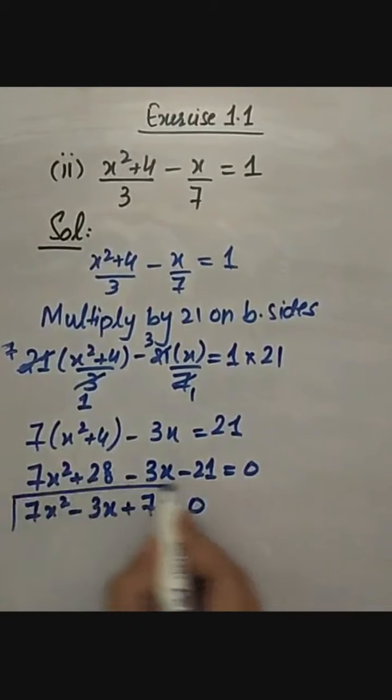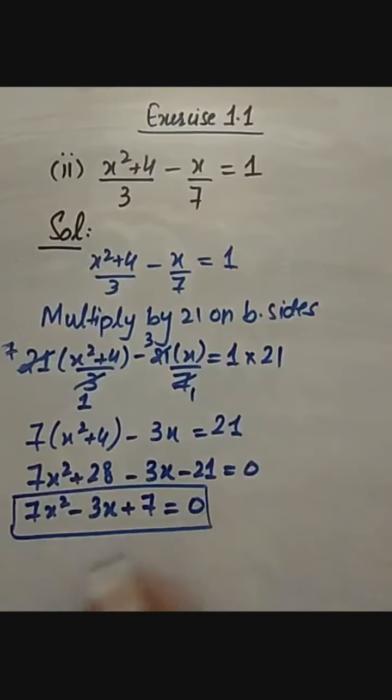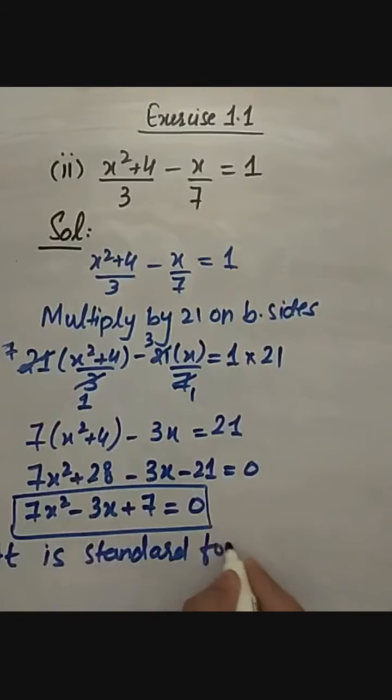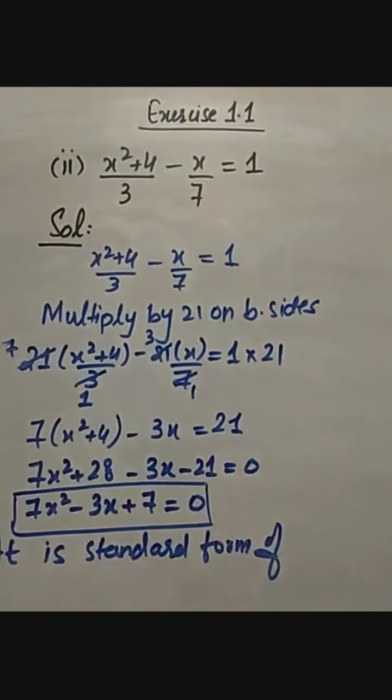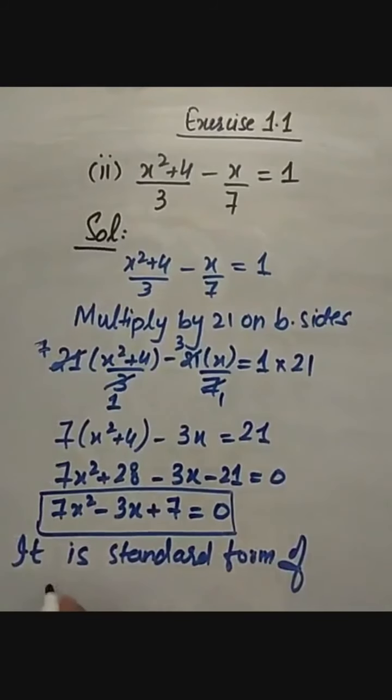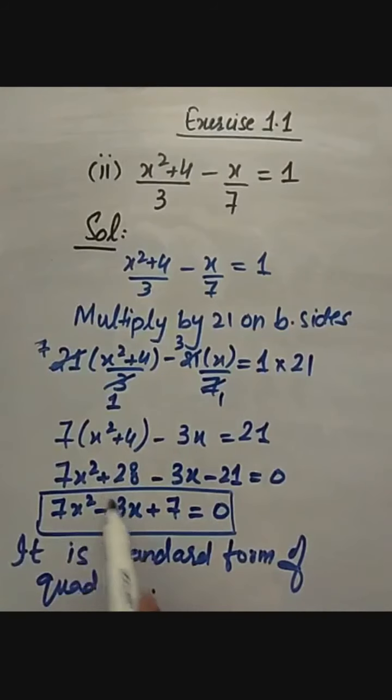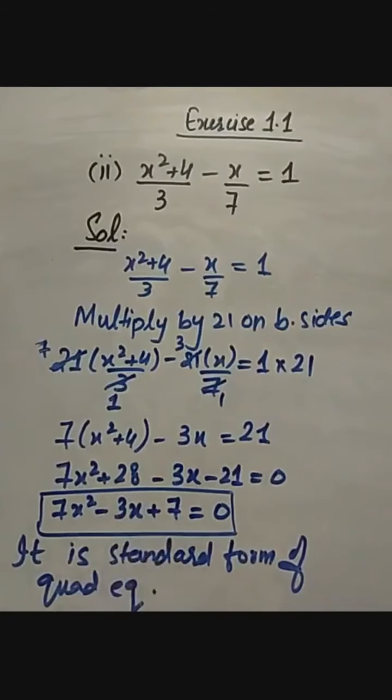Now it is standard form of quadratic equation. Is it pure or unpure? It is not a pure quadratic equation, because here the term with the power 1 is also present, so it is not pure. Clear? So that was part 2.